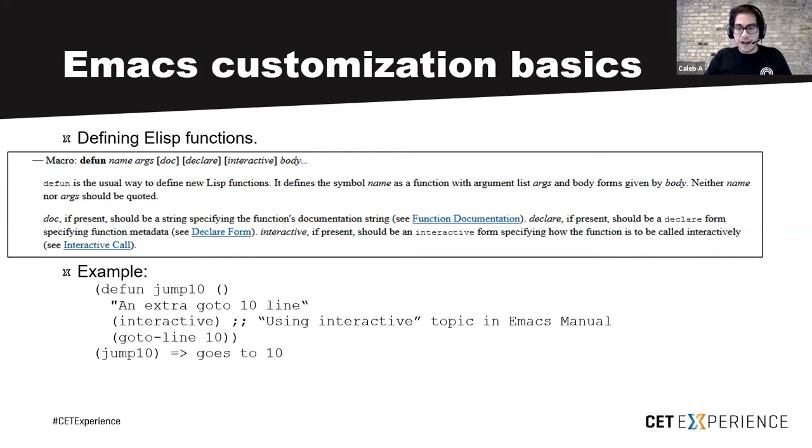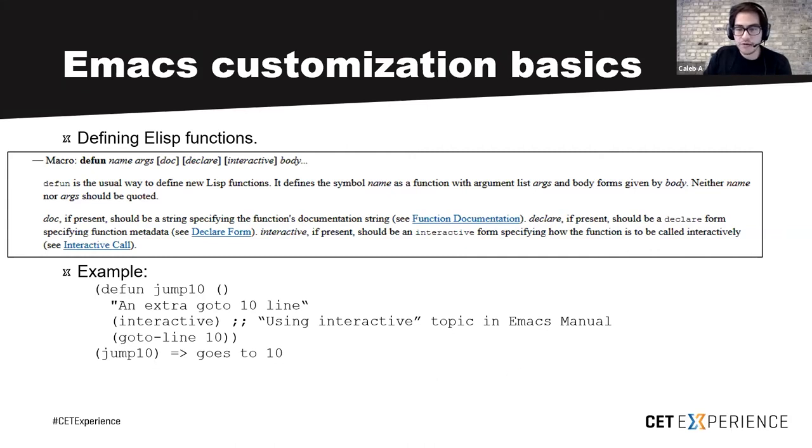With the interactive portion, you are able to define even how to interact with your function, if there's user input or extra arguments. But for the sake of time, we will leave default interactive since we don't have any arguments for this case. And if you want more info on that, you could read about that in the Emacs manual.